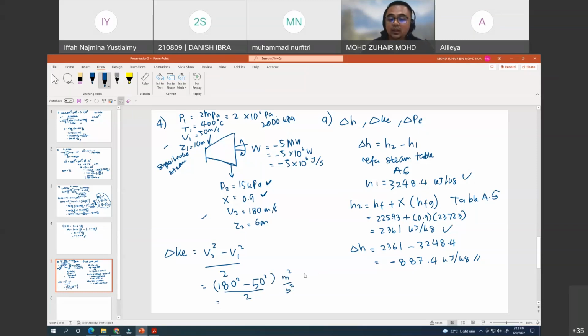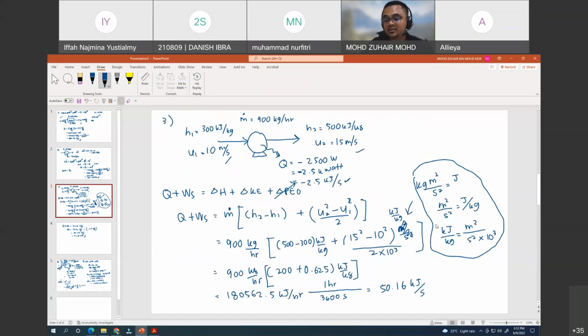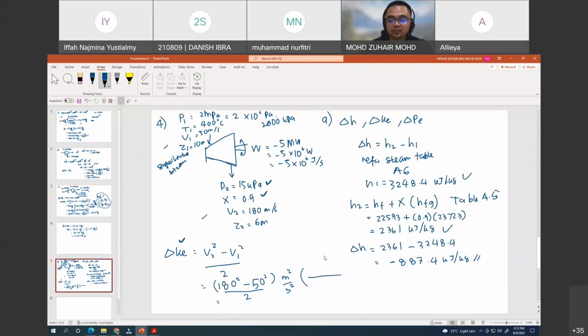Tapi we want to have our energy in kilojoule per kg, because this is a specific KE. So what we need to do is to change it. Again, similar to the previous question, as I mentioned before, kita nak tukar from m2 per s2 to kilojoule per kg, we need this conversion. 1 kilojoule per kg is equal to 1000 m2 per s2.